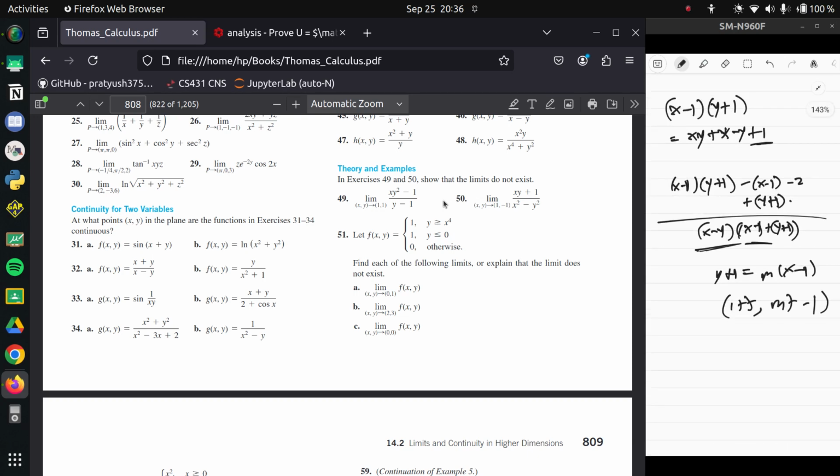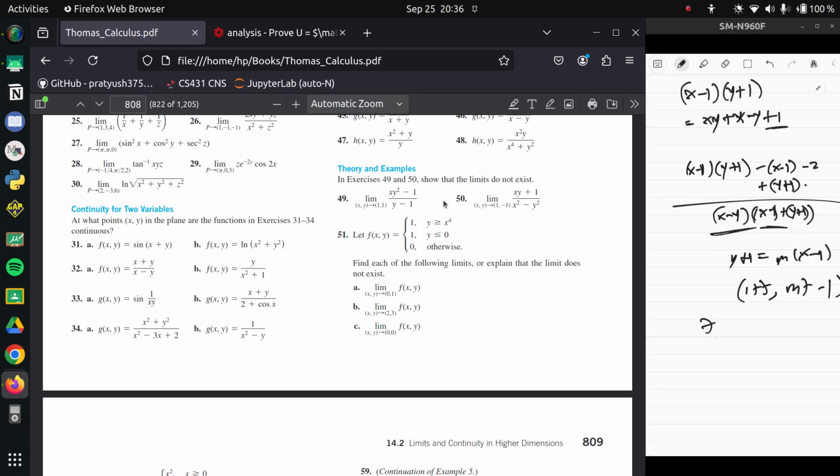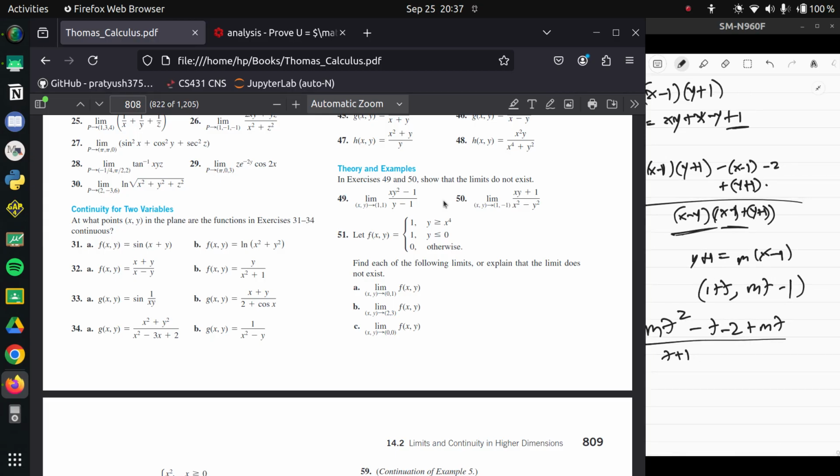What you have is t, mt, so just mt square minus t minus 2 plus mt upon x minus y. So x is just t plus 1, y is this stuff, so it's just t plus mt. Hey, wait, what? No, it's minus y, right? So it makes sense.